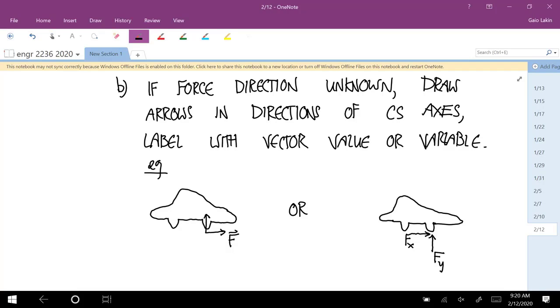Okay. So the signs in that case will just work out for themselves. So when you draw those, you want to draw those default component directions in the positive axis directions. Okay, let the signs work out on their own.